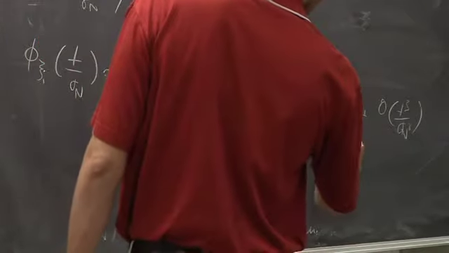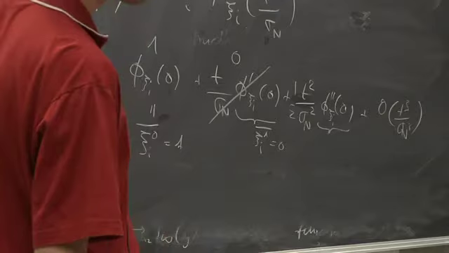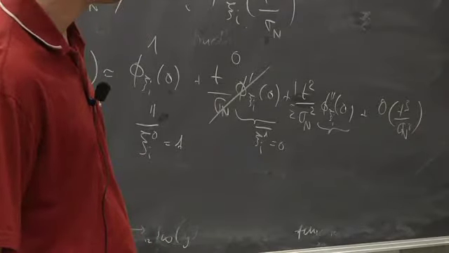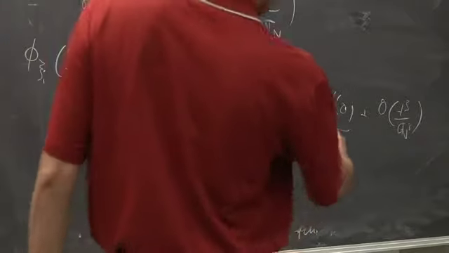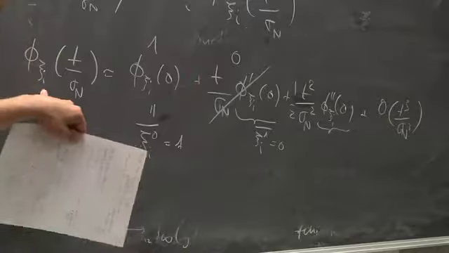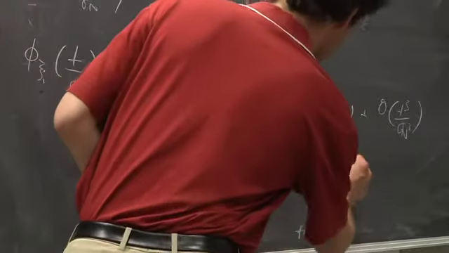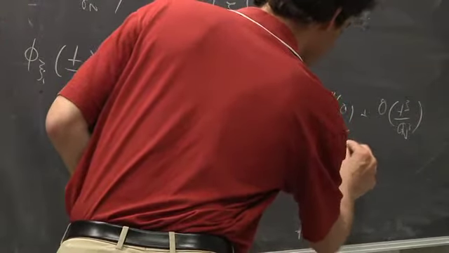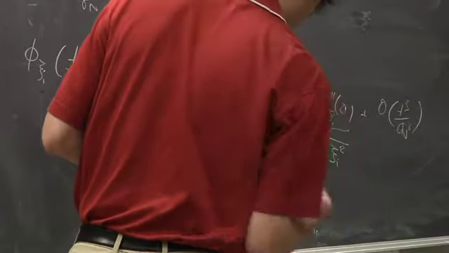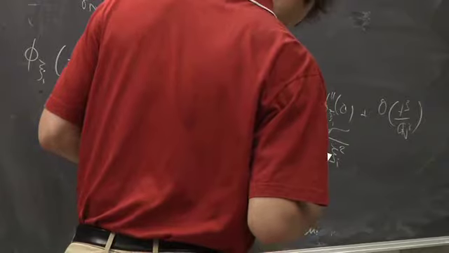And what is the next term? Here is a psi i, so I just have one psi i, so this is the second moment of psi i, times 2, I guess.